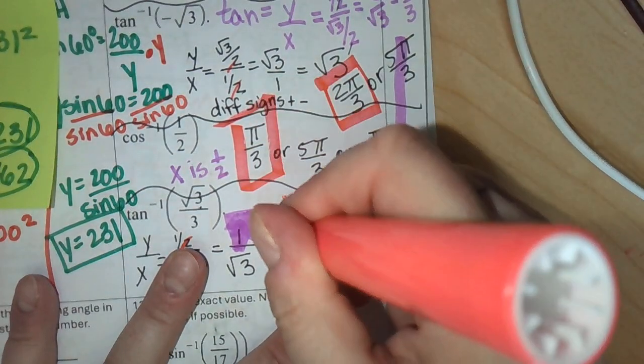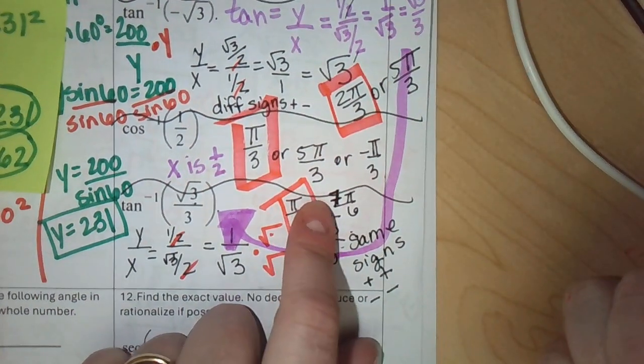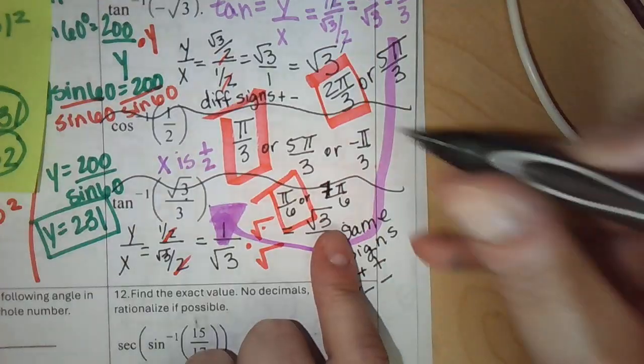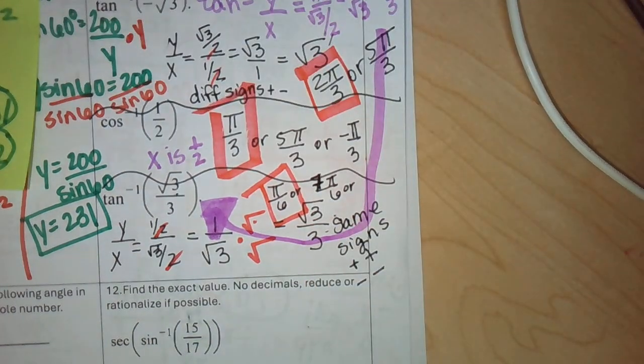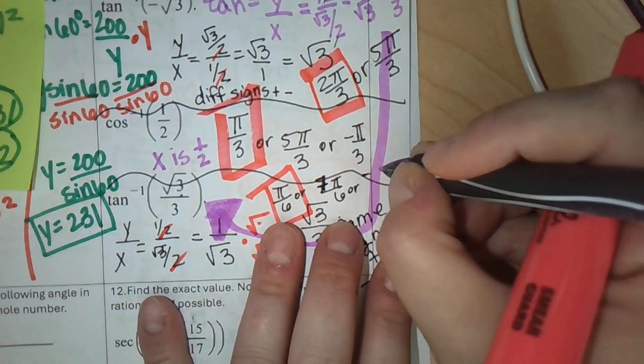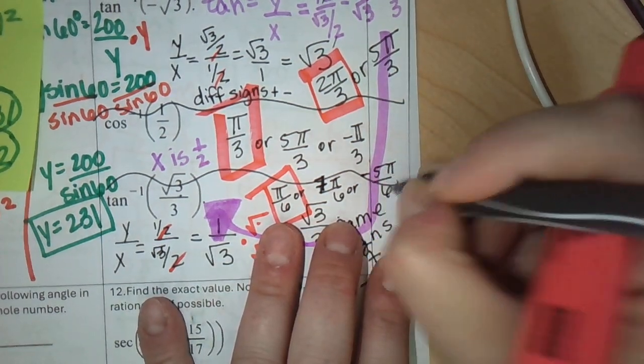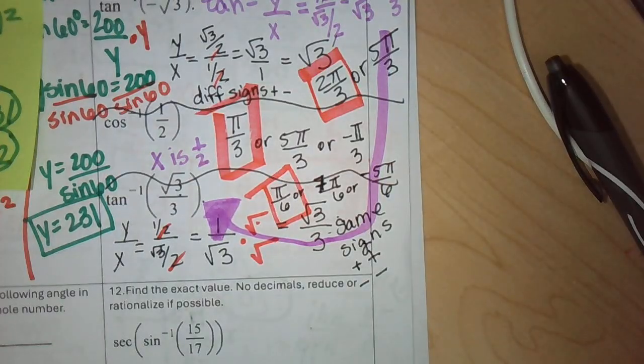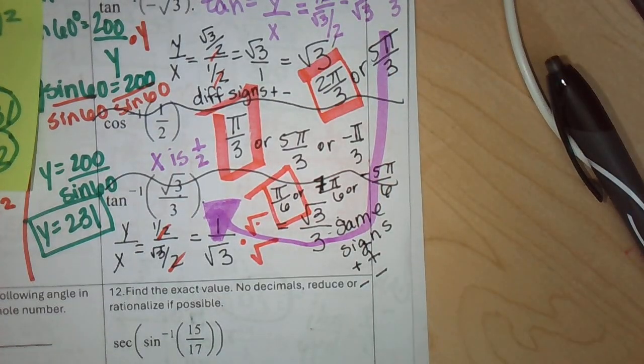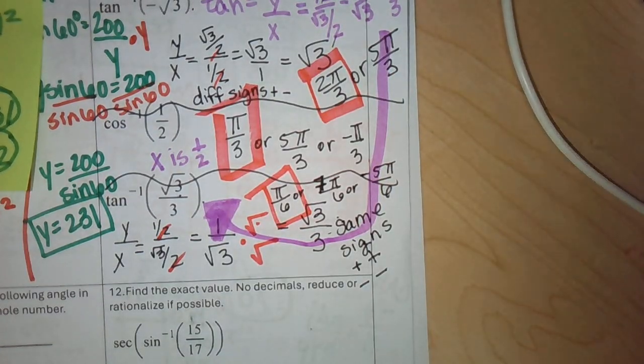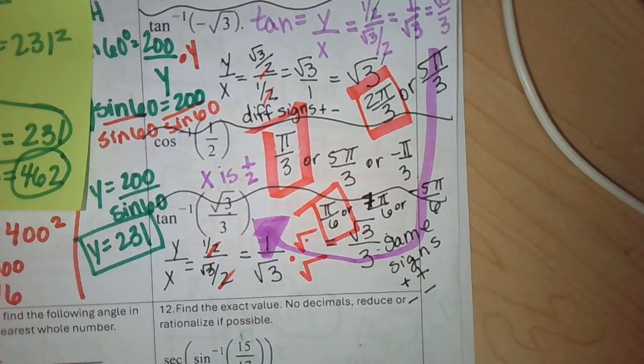Hey, I'm okay with either one of these, pi over 6 or 7 pi over 6, or I think even negative 5 pi over 6. But I just want one. If you put multiple, that's cool, but I'm just going to look for one correct to get your credit.